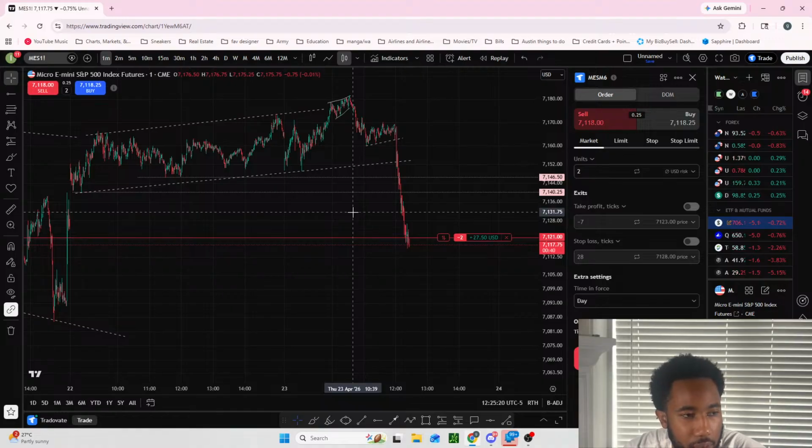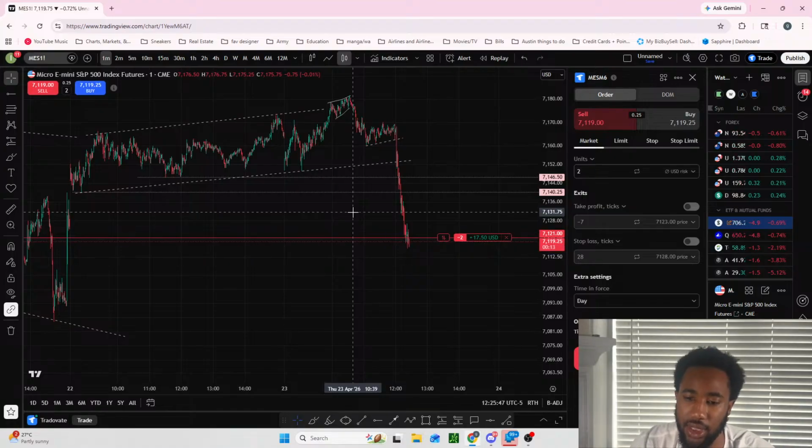I entered on the pullback to give me more breathing room. Even that was scary. It takes courage to trade. If we could just go. Get away from my entry. Also, market order is insane.